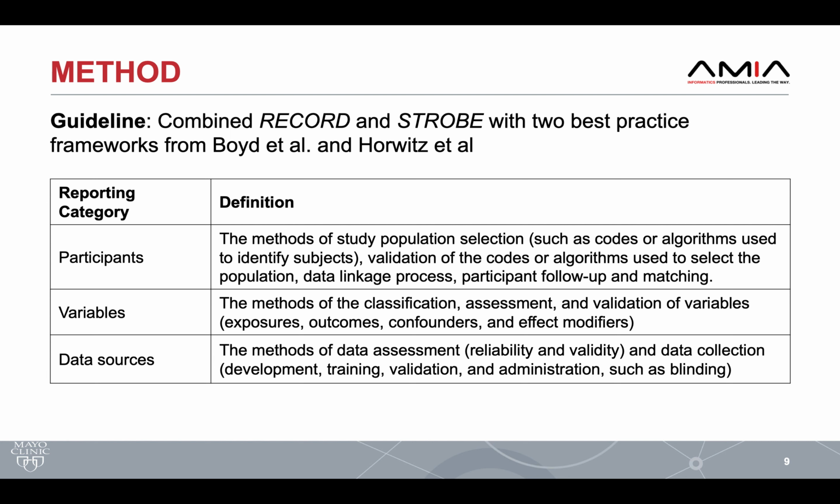The guideline for annotation and NLP development combined RECORD and STROBE, along with two best practices frameworks. We identified three main categories: participants, variables, and data sources. We want to understand how each study formulates a cohort, how participants were selected, how the study team defines and describes important study variables, and how studies report their data collection methods.